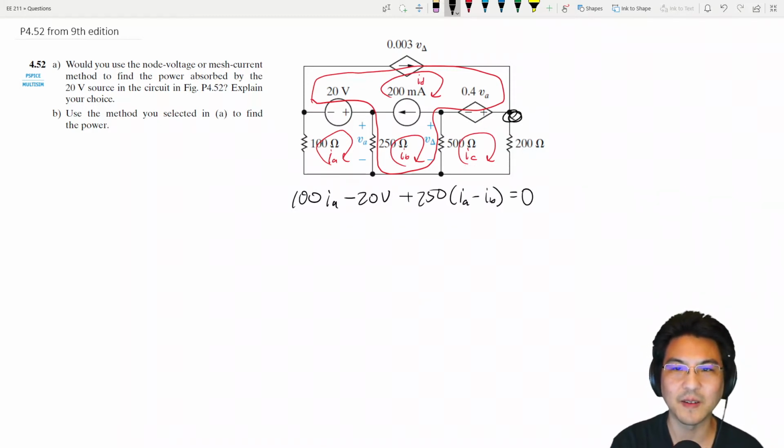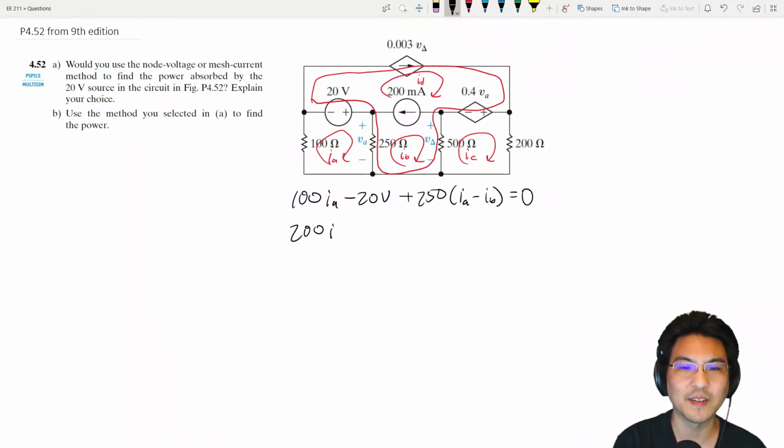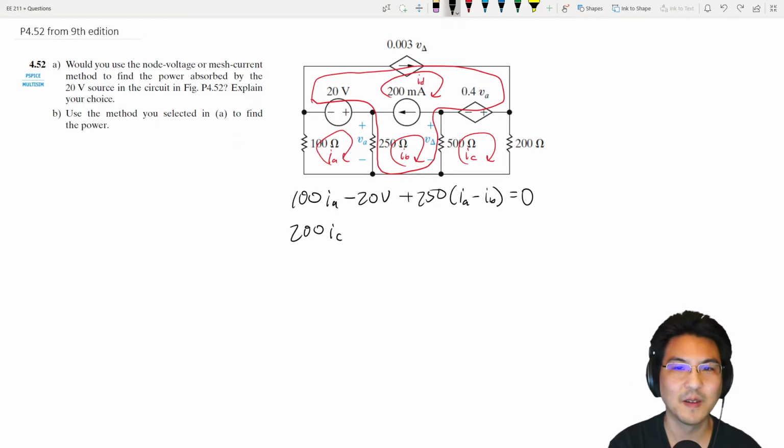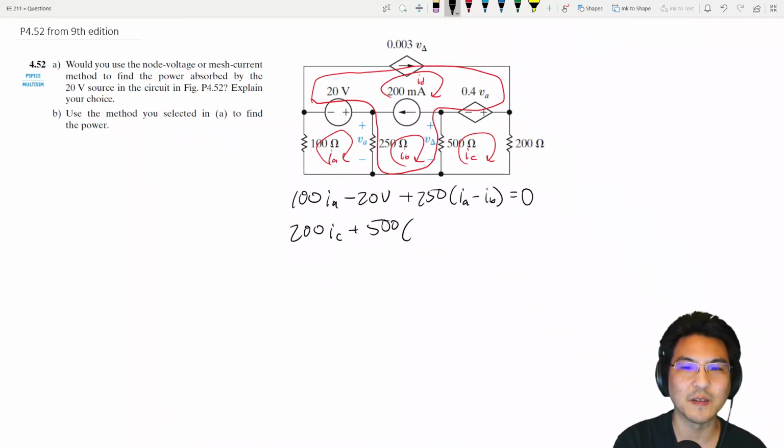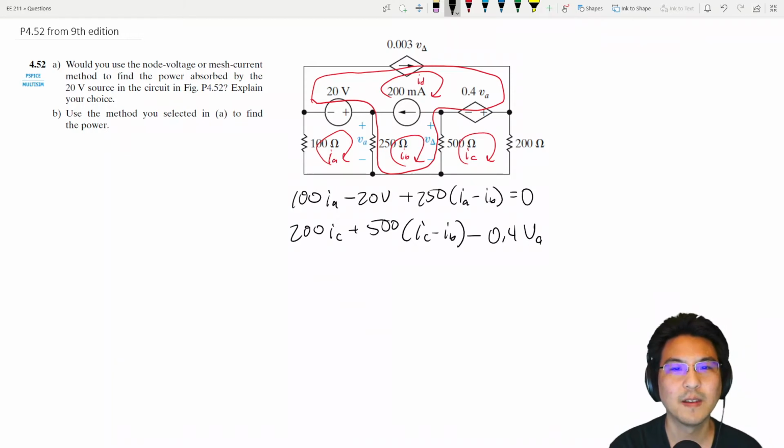I'll just start here. So going clockwise, 200 IC, now we're over here, plus 500 (IC minus IB), now over here, the voltage minus 0.4 VA. Okay, and then VA is right here.